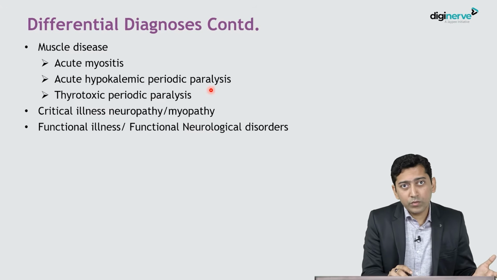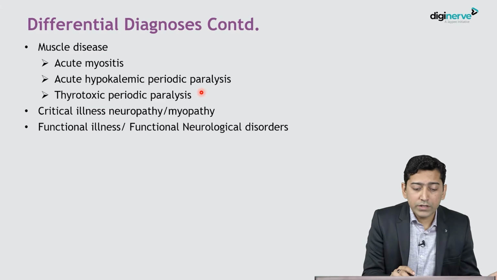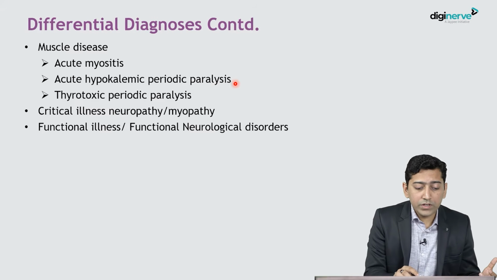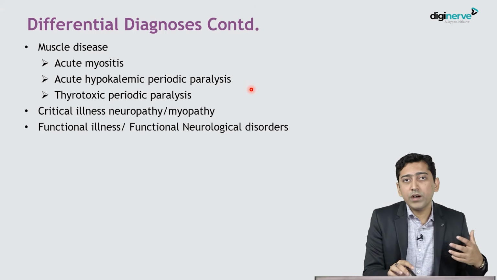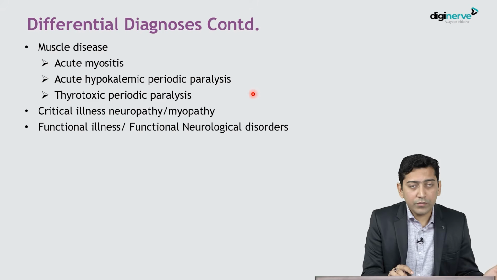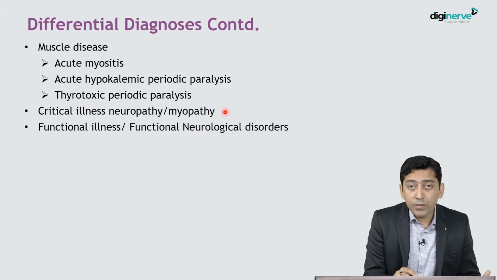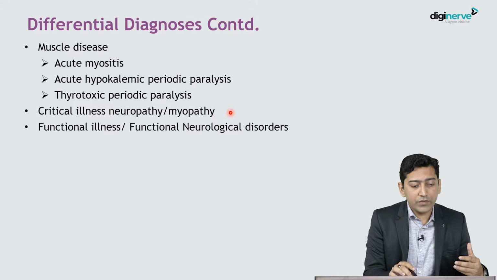So they can present with weakness and quadriparesis, but say for example hypokalemic periodic paralysis, after replenishing potassium, they can get better. So it's important to have an open mind and think of other differentials.